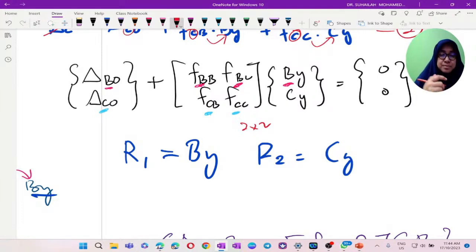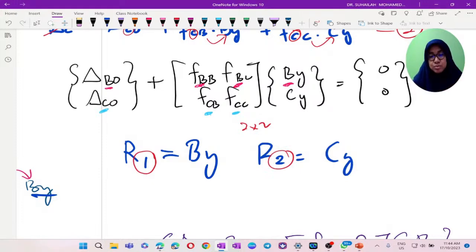Now from the upper compatibility equation, we will rewrite the equation by changing label B to 1 and label C to 2, representing first redundant, second redundant. Redundant 1, redundant 2.